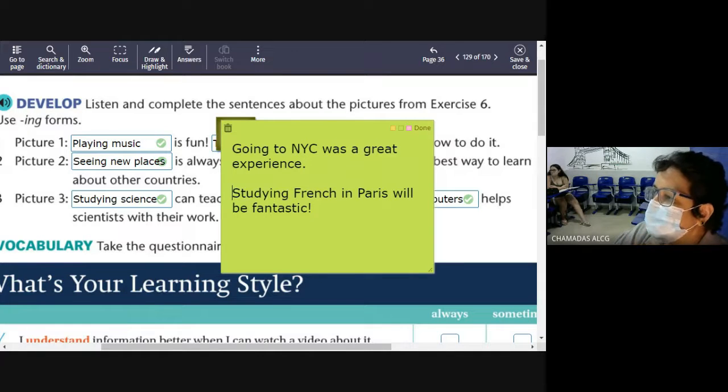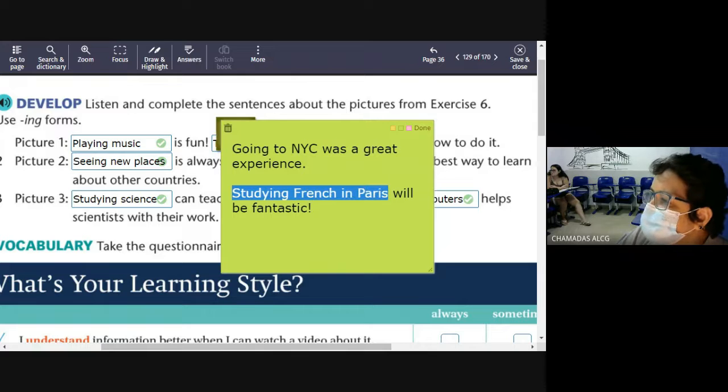Look, I'm saying that studying French in Paris will be fantastic. Suppose I'm planning to go to Paris and I say, look, guys, I'm really excited. I can't wait. I really want to go. So I know that studying French in Paris will be fantastic.